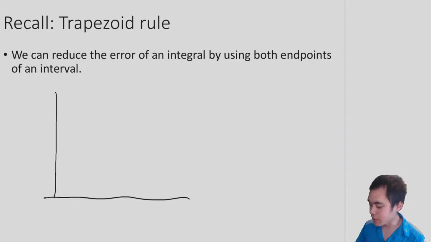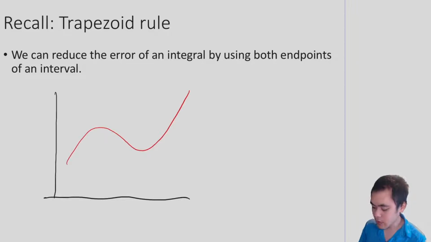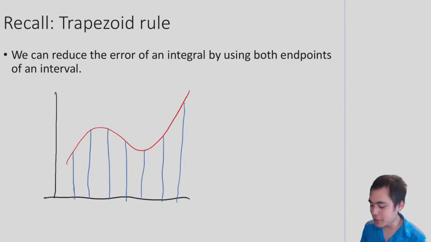So, if we have some function here, and if we draw a bunch of endpoints, well, one thing that's significantly better is instead of taking these rectangles, which have a lot of error, instead we can use trapezoids. And so then their error is much decreased.